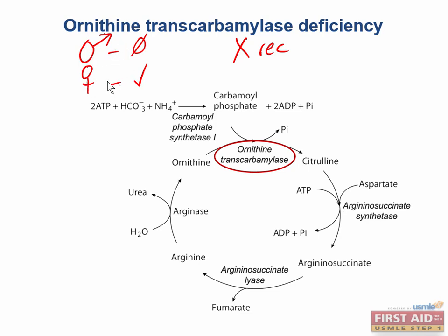Remember, the enzyme ornithine transcarbamylase is normally used to convert ornithine and carbamoyl phosphate to make citrulline. So, if you don't have this enzyme, then carbamoyl phosphate levels can build up. Manifestations of ornithine transcarbamylase deficiency include orotic acid in the blood and urine, a decrease in the blood urea nitrogen, since remember, urea cannot be formed without this enzyme to be present.